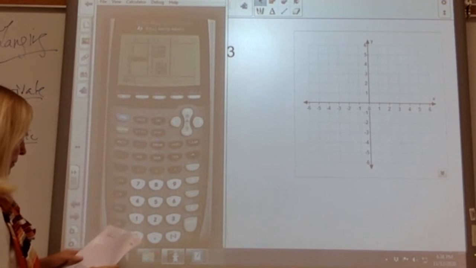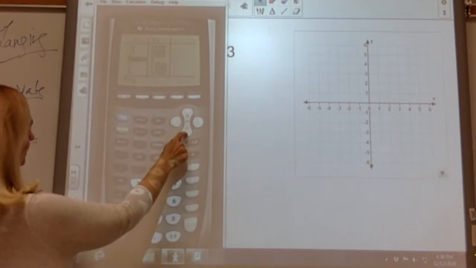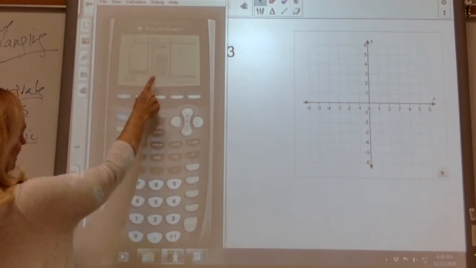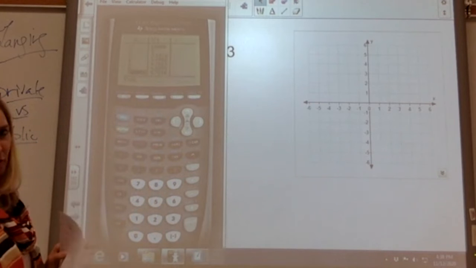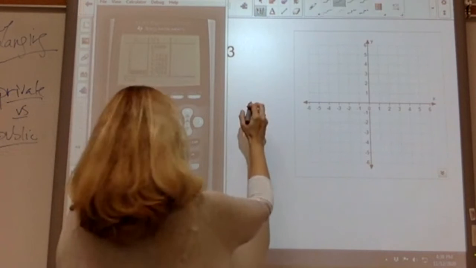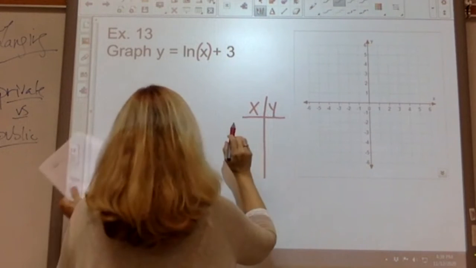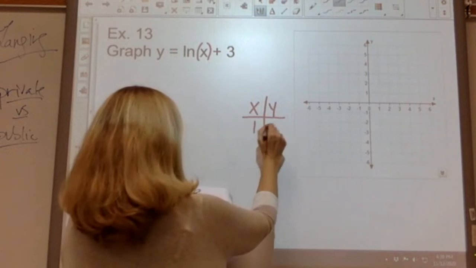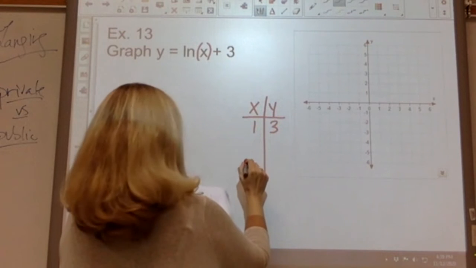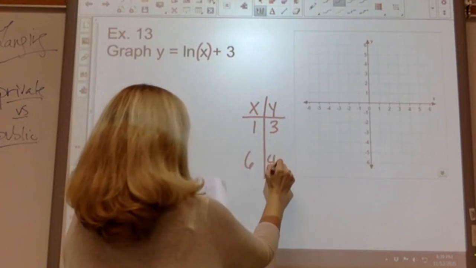Then on my paper, I went all the way down to 6, and 6 is about 4.8. So I have 1 is 3, and then 6 is 4.8.